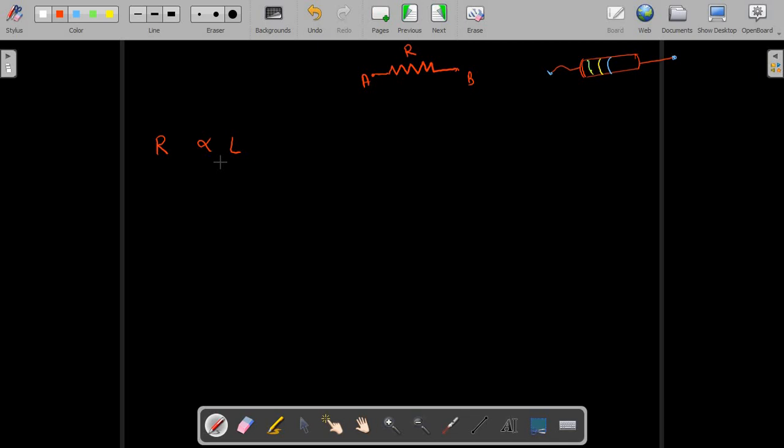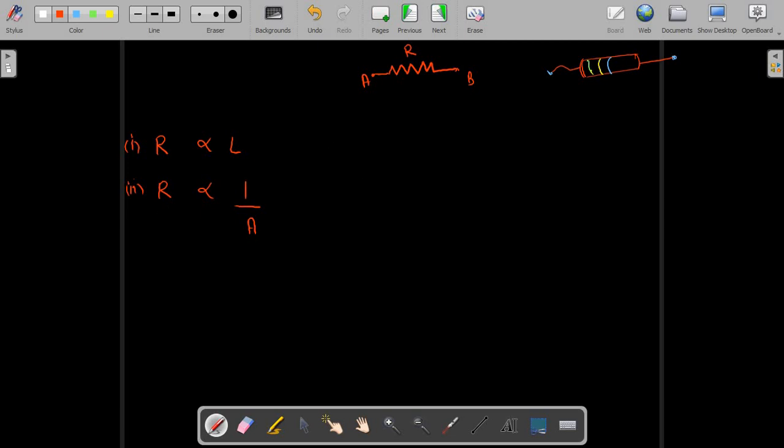One more thing found is that it is inversely proportional to the cross sectional area. The resistance of any wire is proportional to its length and inversely proportional to its cross sectional area. If you have a large cross sectional area, resistance will be small. It is experimentally found.